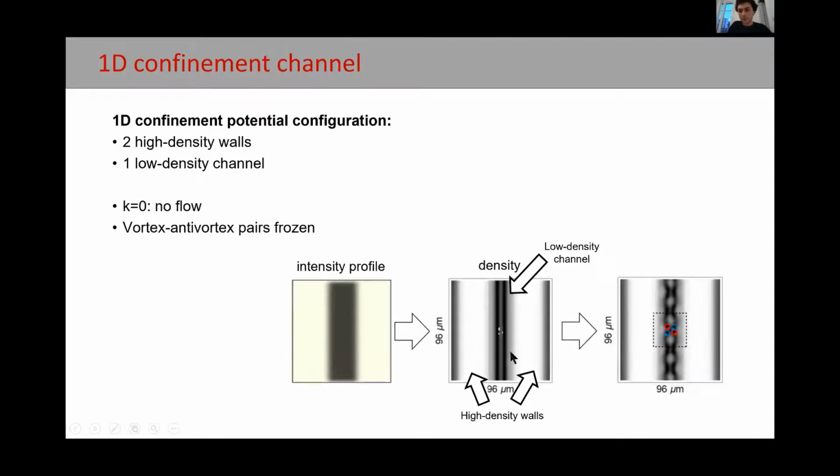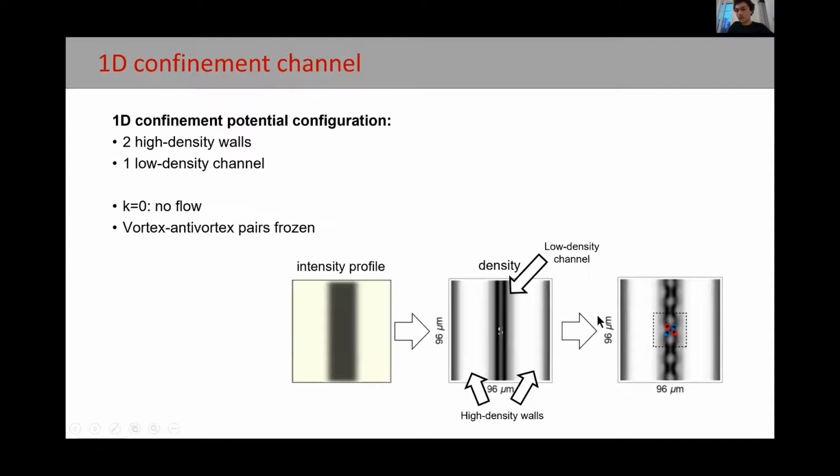Because there is no more flow, these solitons are now sensitive to transverse instabilities. As soon as they are generated, they decay into vortex-anti-vortex arrays, as you can see here. The distribution of these vortices is frozen by the walls of the channel, so we can easily study them in a regime with low temporal resolution devices.